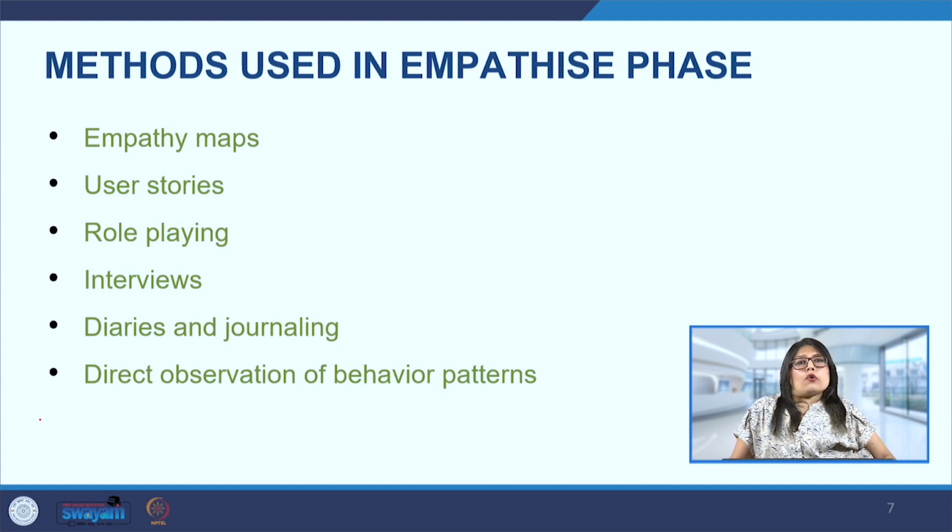Then interviews. You've already seen how interviews tell us about the needs and preferences of the user, and they are a way to collect rich qualitative data, so they are very useful. Now diaries and journaling is another method wherein the users record their thoughts, activities and experiences over a period of time.